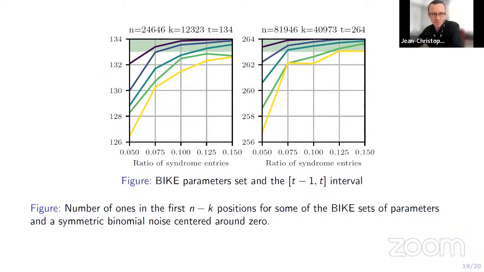Pierre-Louis, you were interrupted by the connection at some point. Sorry. So I said this value 0.10 means that you need 10% of the n minus k, which is 12,000 entries. So you need 10% of the 12,000.